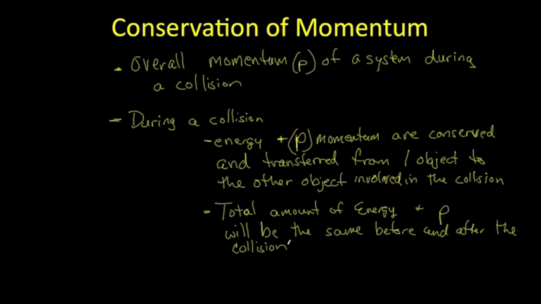So, the total momentum of a system of objects does not change. There is the same amount of momentum before the collision as there is after the collision.